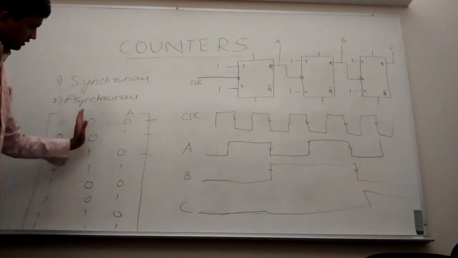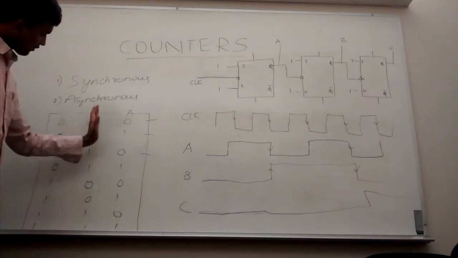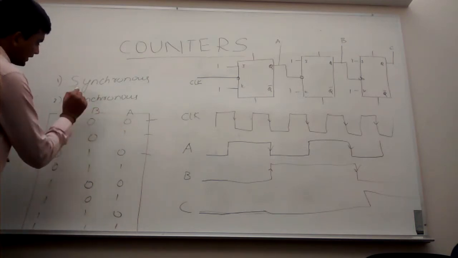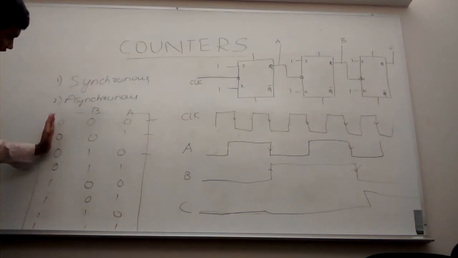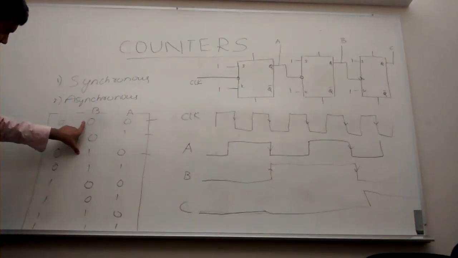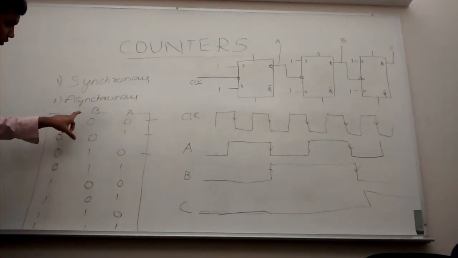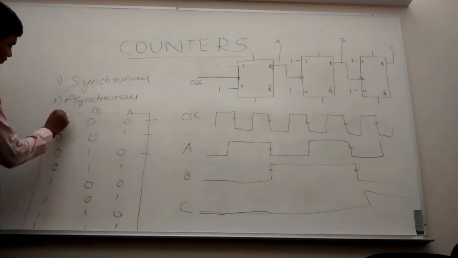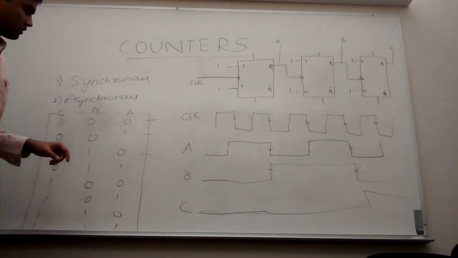Coming to B, it is quite obvious that the frequency of B is half the frequency of A, so this will be our middle bit, and the frequency of C is half the frequency of B. That means for every one change in B, I mean for every 4 clock cycles, C is getting changed. This is C.